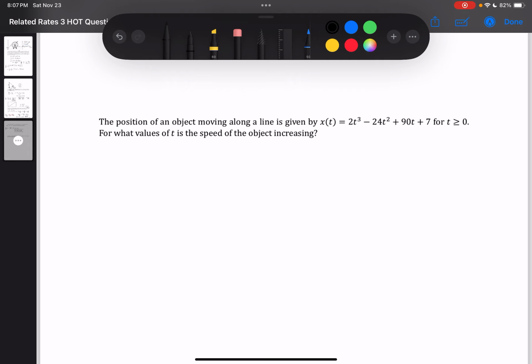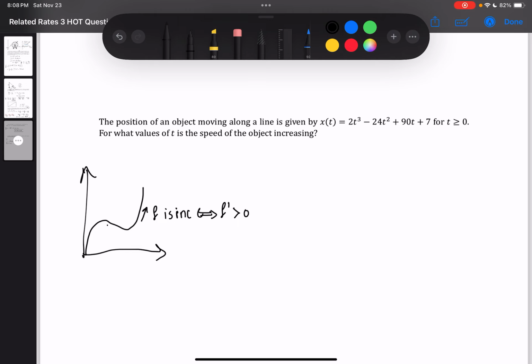Now, we need to establish a concept that is highly misunderstood by students. When you have a function, let's say that this graph represents velocity or position, whatever it is. When the graph is going up, we say that f is increasing. But when we say that f is increasing, this literally means that f prime is strictly positive.